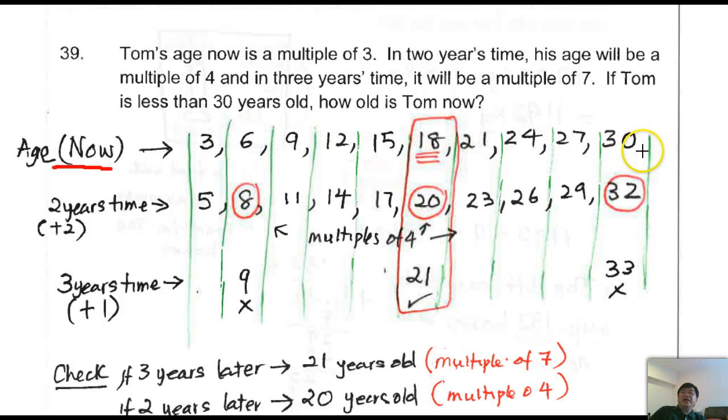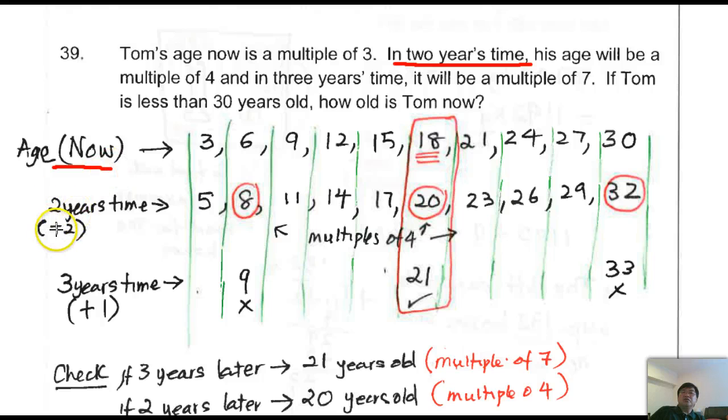All right. Now his age will be a multiple of 4 in 3 years time. So in 3 years time, you list down. I read wrongly. Now in 2 years time, his age will be a multiple of 4.